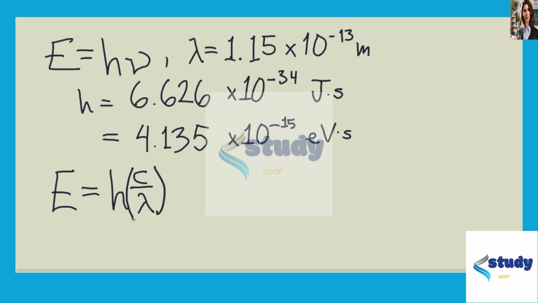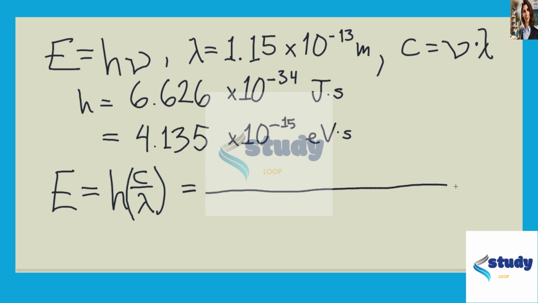Let me write it out here. c, the speed of light, is equal to the wave frequency times the wavelength. So if you divide this wave speed by the wavelength, you end up with a wave frequency, which we can substitute in this equation for the energy of a photon.